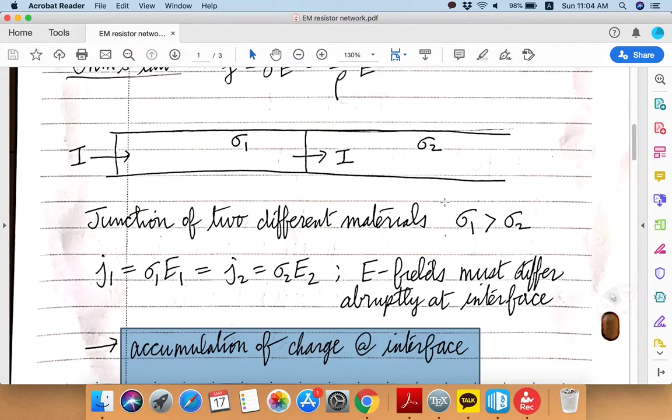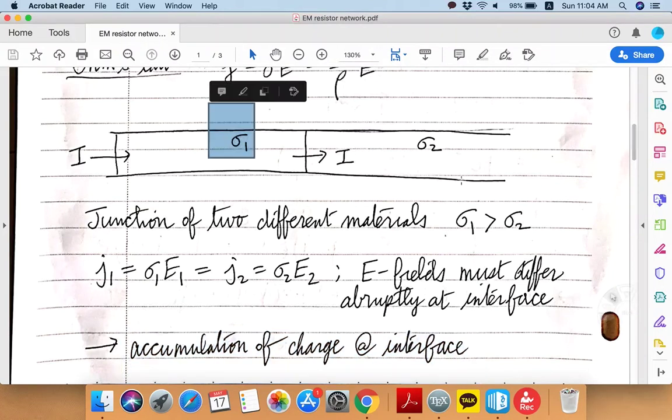The catch was that the conductivity must remain uniform everywhere in space. But here we are dealing with a situation where the conductivity is not uniform in space because of this sudden change from one region to the other.